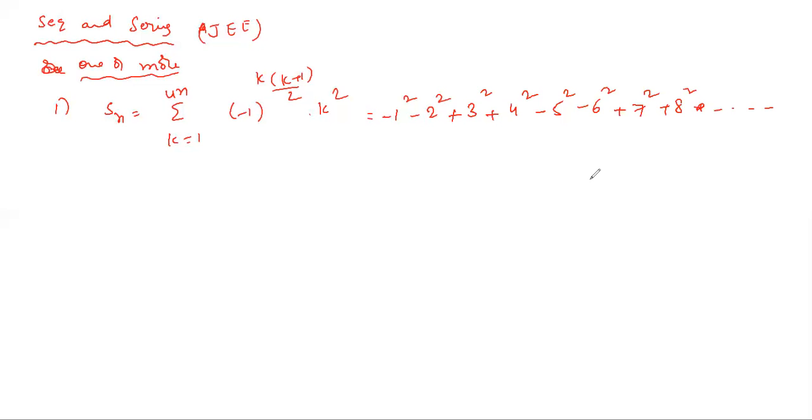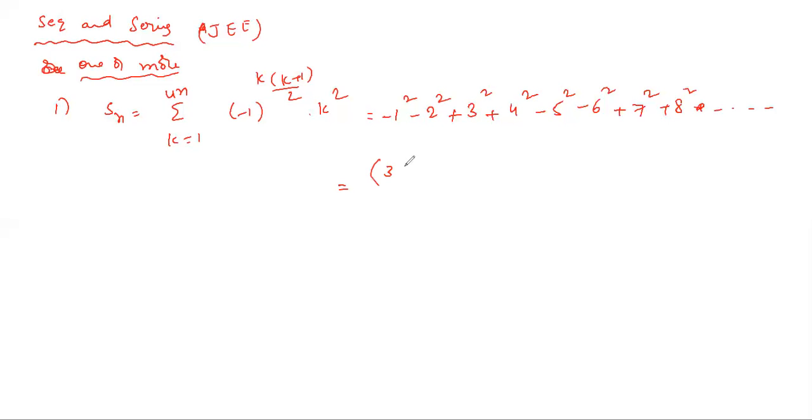Okay. Now up to 4n terms we have to write down. So you separate odd terms and even terms.